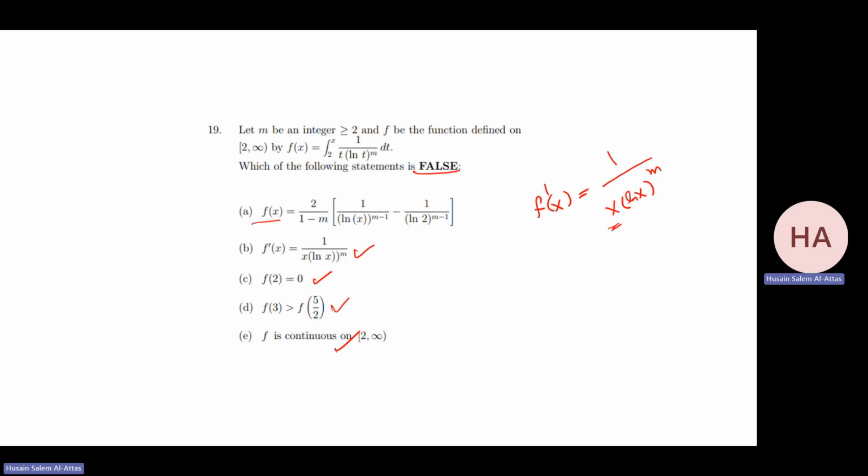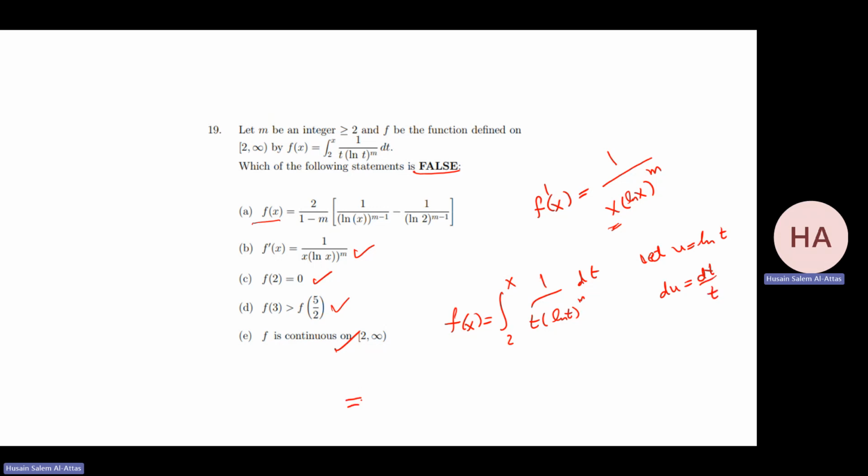Because if we do the integration, now let me do the integration. F of x equals integral 2 to x of 1 over t ln t to the power m dt. I will let u equal ln t, du equal dt over t.